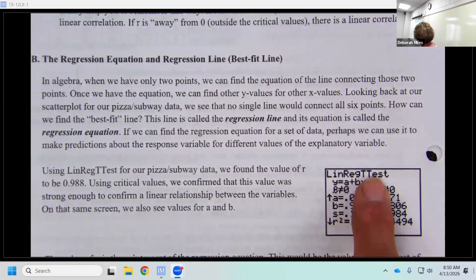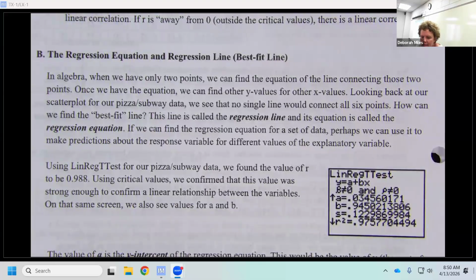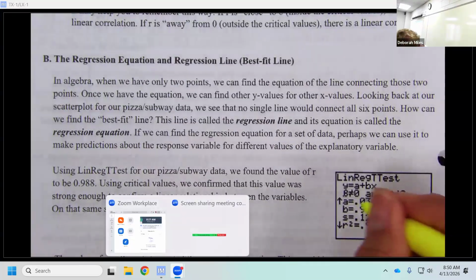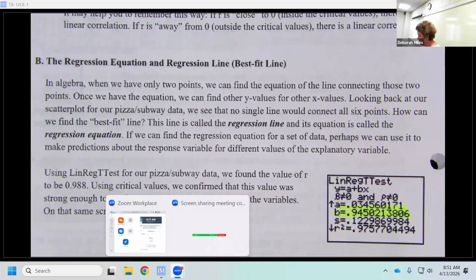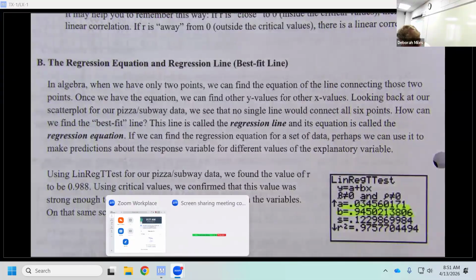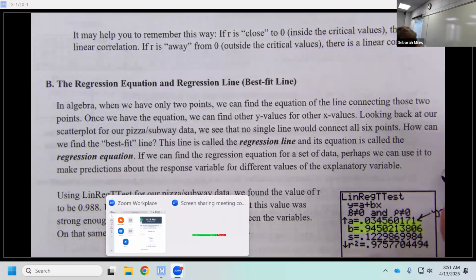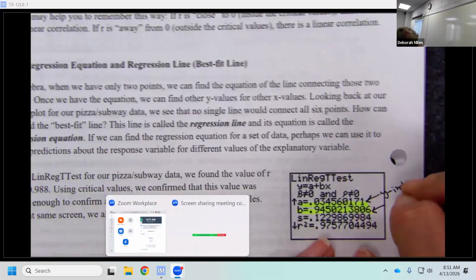This LinReg t-test, remember R doesn't show up on the first screen. You have to scroll down a little bit to get your R value. But if we determine that there is a linear correlation, then in addition to that R value, we're going to use this A and this B, where A is the y-intercept and B is the slope.